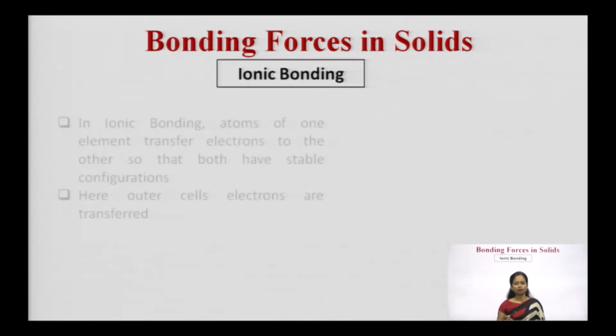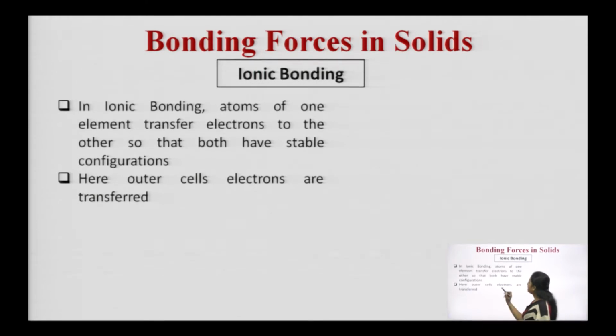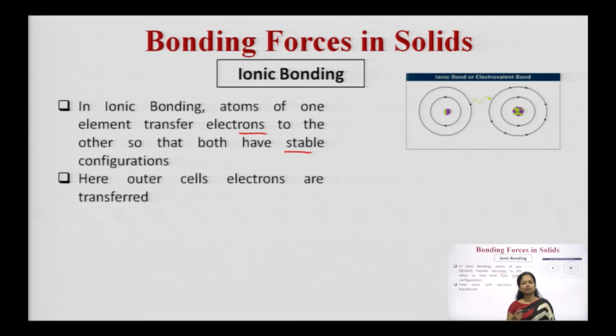What is ionic bonding? In ionic bonding, atoms of one element transfer electrons to the other so that both have a stable configuration, and this transfer of electrons occurs from the outer shells only. It does not mean that there are 5 orbits and the inner orbit transfers the electron.